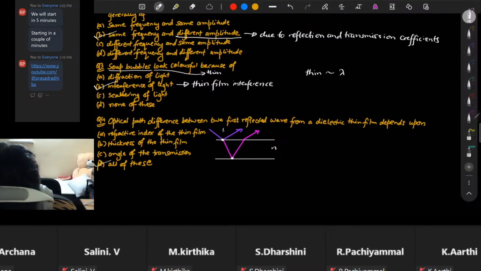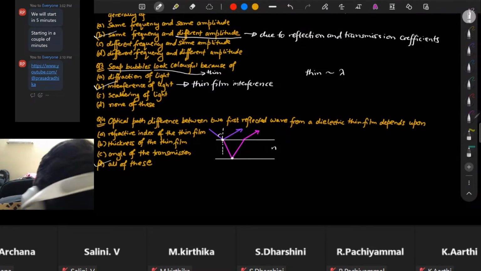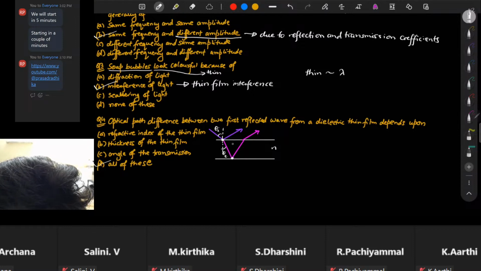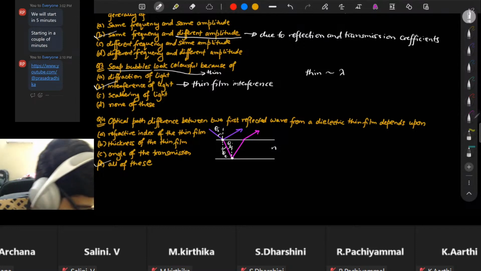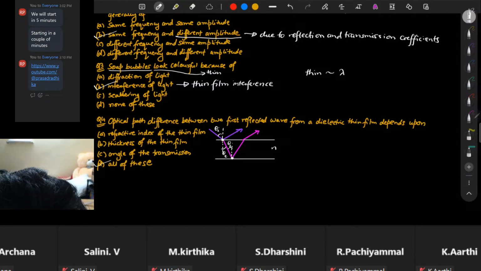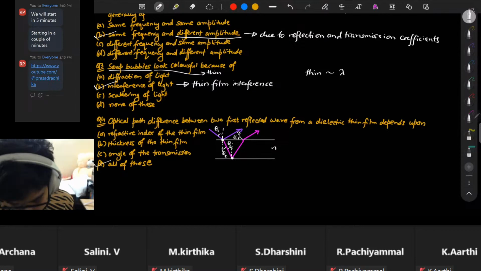If we draw the normal, this angle is the incident angle theta I. This is the transmitted angle theta T. And if we draw normal here as well, then this is also theta T. And if I drop a perpendicular from here, then by geometry you can see that this angle is theta I again.